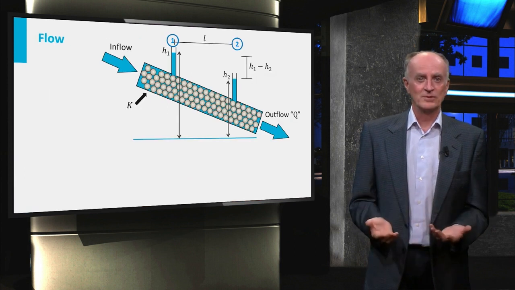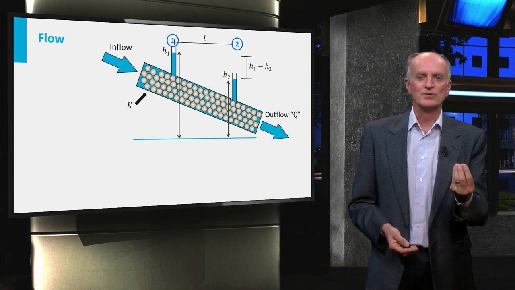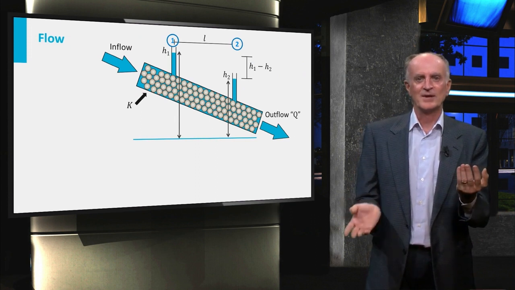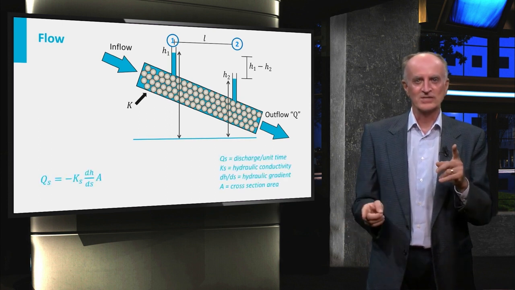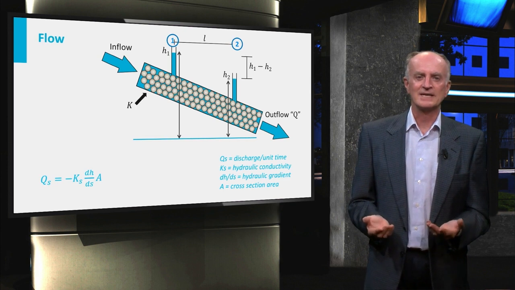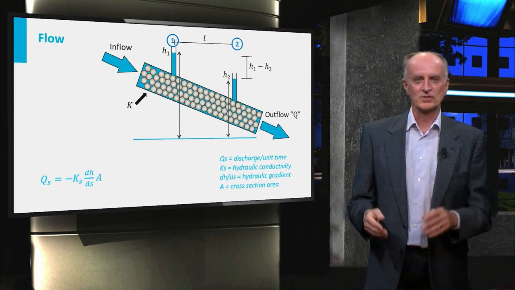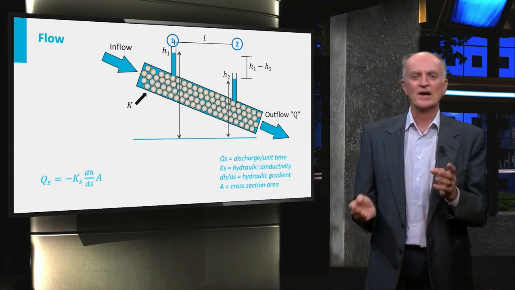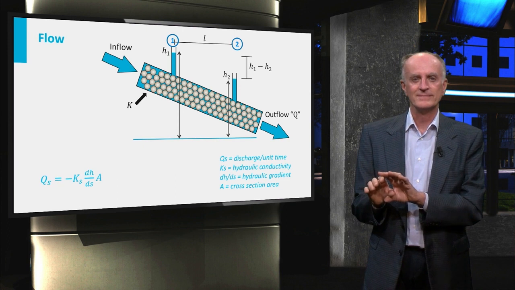Now that we have the motor, we look at the flow. The two wells 1 and 2 shown in the picture have different heads, and water will flow from 1 to 2. Discharge across the layer is described by Darcy's law, which we already saw while discussing petroleum geology. The discharge is proportional to the head difference and to the hydraulic conductivity, which is a property of the porous medium.